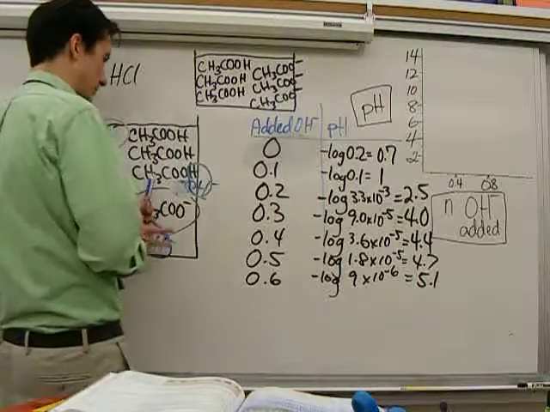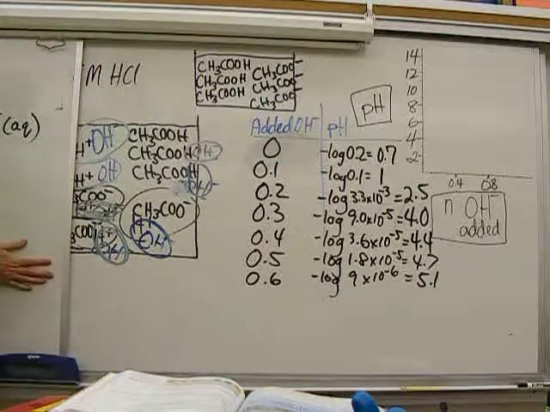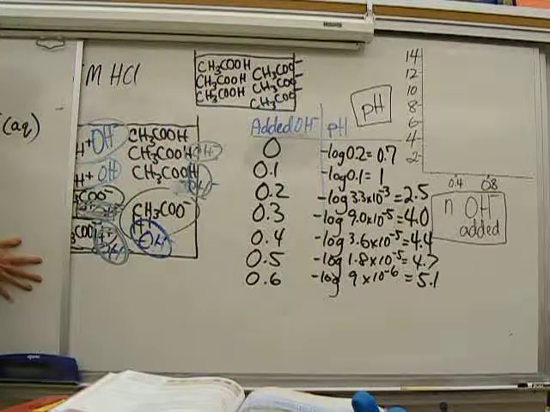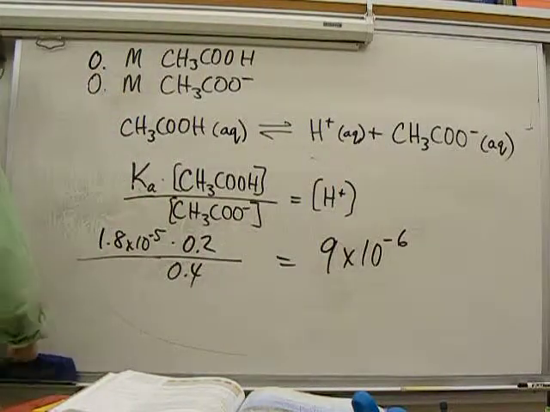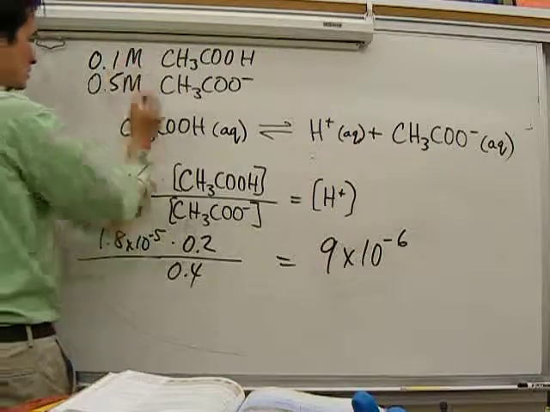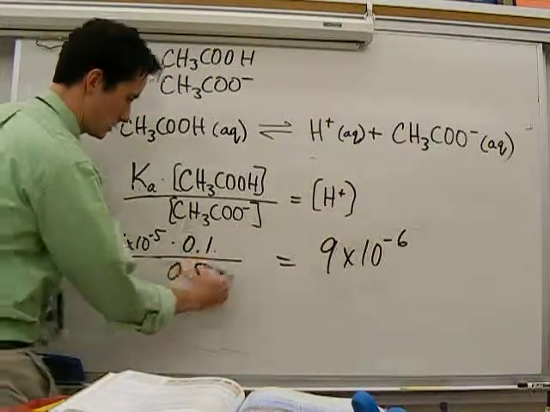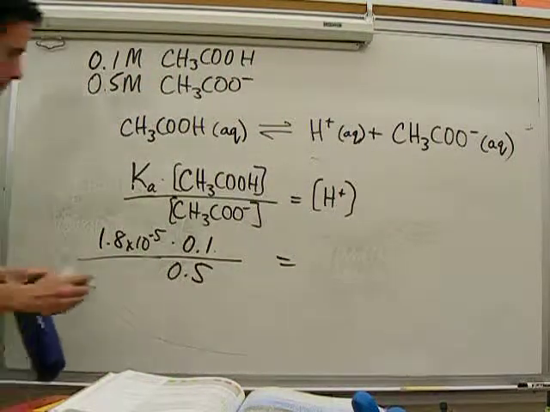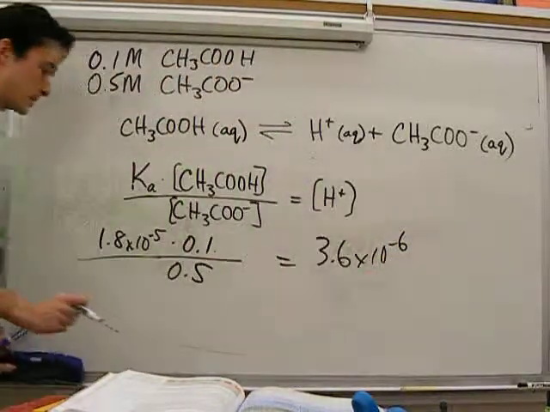Again, we're going to do this a couple more times. So we got OH, that right there. 0.1 molar acetic acid, 0.5 molar acetate. Going down.